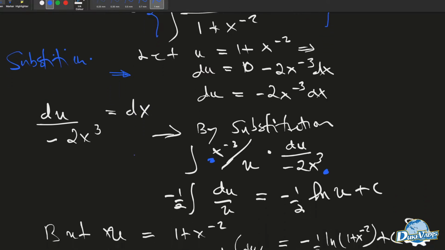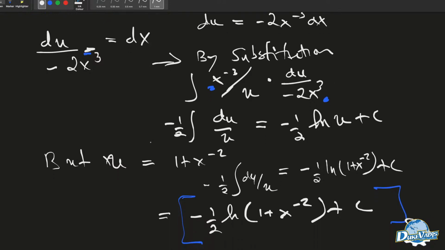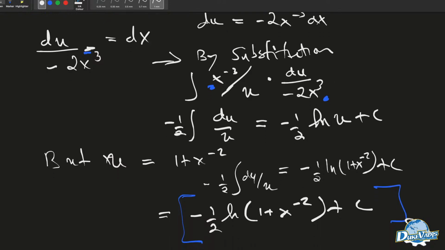So when we do the differentiation, then we have du over negative 2x cubed to be equal to dx. Now, when we did that substitution, we simplified it to resolve this equation to become negative half integral du over u.